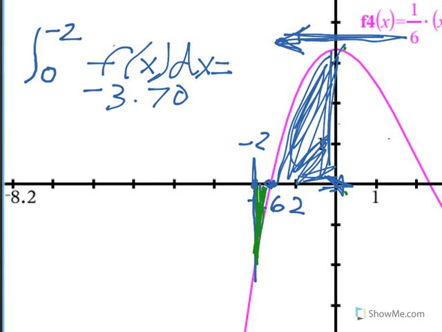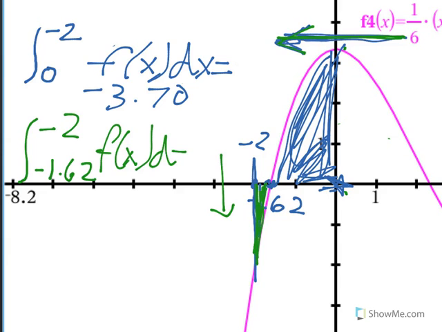The area of this little slice here is going to be positive because we have a negative going right to left, and then we're also down here below the x-axis, so that's a double negative. So the integral from negative 1.62 to negative 2 of f of x dx will equal a positive value.